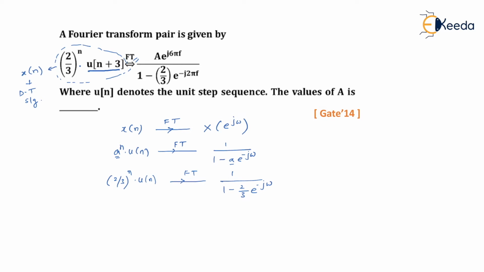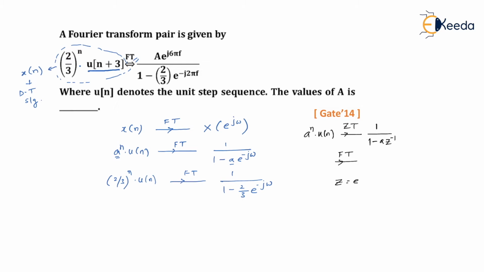If not, let me just go back and try to remind you something about Z transform. If you remember, a to the power n u of n has a Z transform 1 upon 1 minus a Z inverse. Am I right? So in case of DTFT, I'll just write Fourier transform, it is actually DTFT only. You have to replace Z with e to the power j omega.